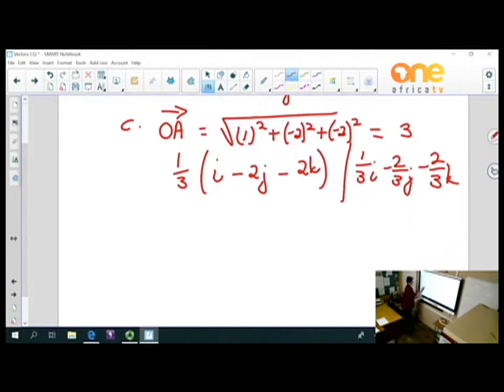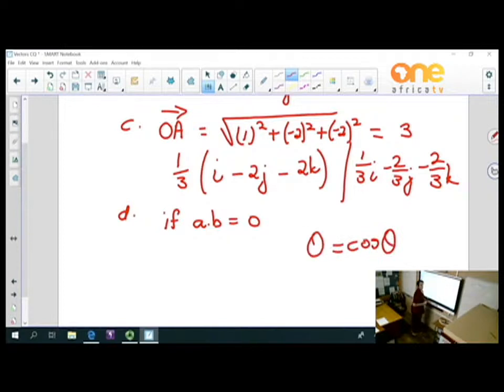Then at number d, they ask you now to show that the angle is 90 degrees. Now we know if a dot b is equal to 0, then we get that 90 degrees. Why? Because you want to calculate cosine theta is equal to 0.